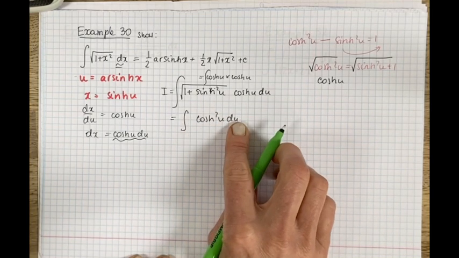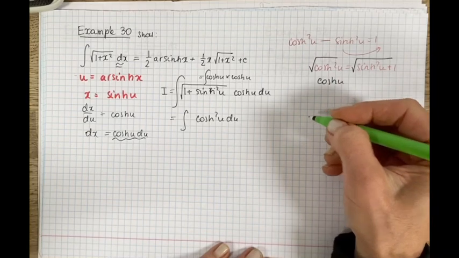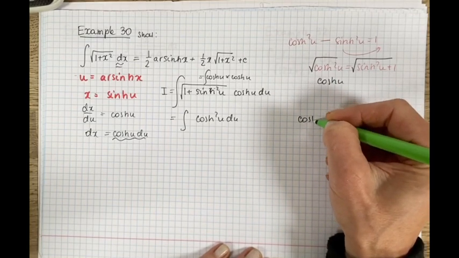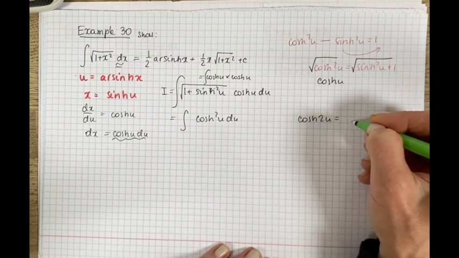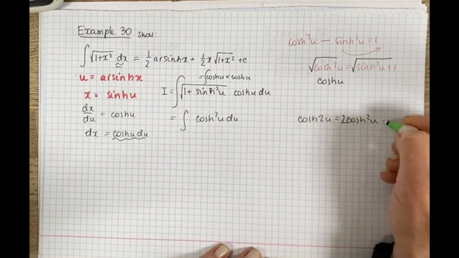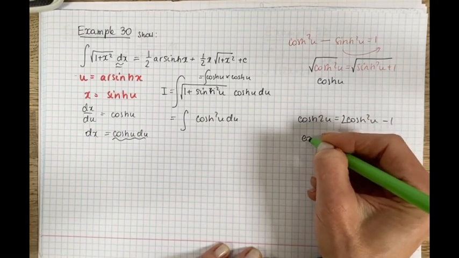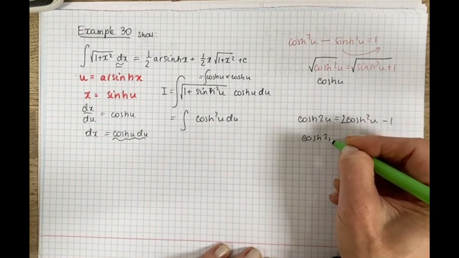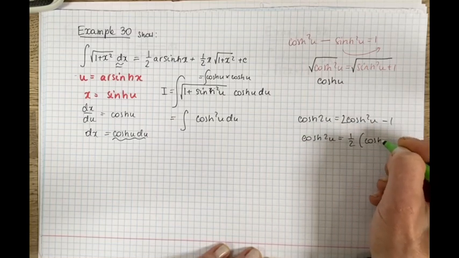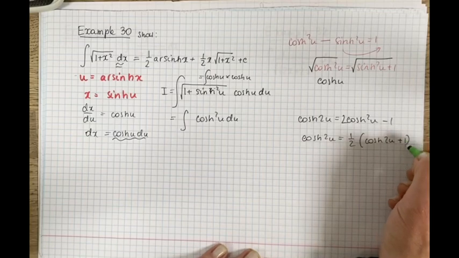And how would you integrate cos squared? You would go for cos 2u. So here we are going to go for cosh 2u and replace it with 2 cosh squared u minus 1. So you're going to get cosh squared u is equal to a half of cosh 2u plus 1.